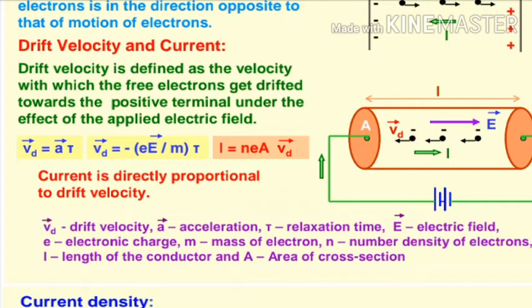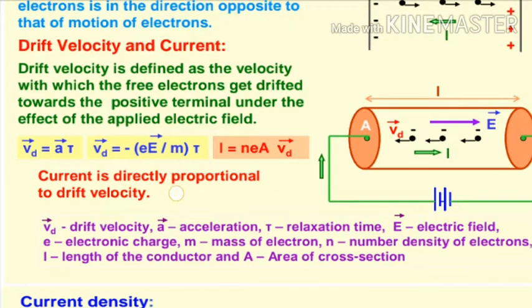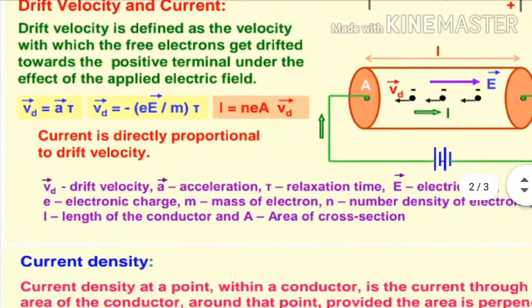This is the value of the acceleration, because we know that the charge on the electron is negative, so the direction of the acceleration acting on the electron will be opposite to the direction of electric field, so here a negative sign arises. So the formula for the drift velocity is minus of eE upon m whole into tau.